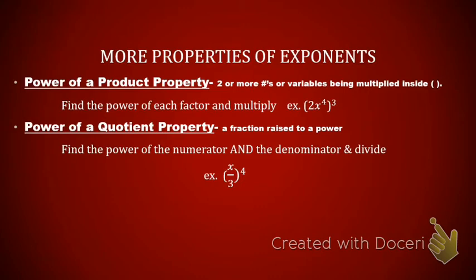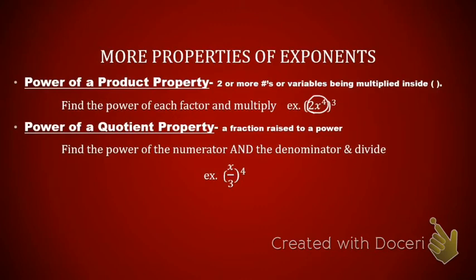So let me make it simple for you. This is when 2 or more numbers or variables are being multiplied inside of your parentheses. So look at the example that I gave you. What is being multiplied inside the parentheses? 2 and x to the 4th power.